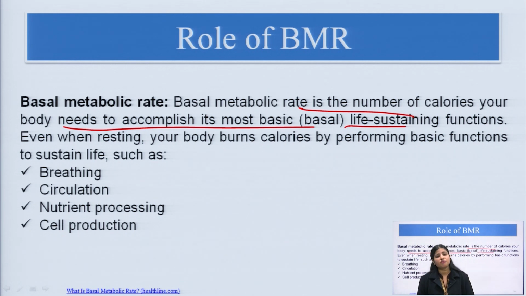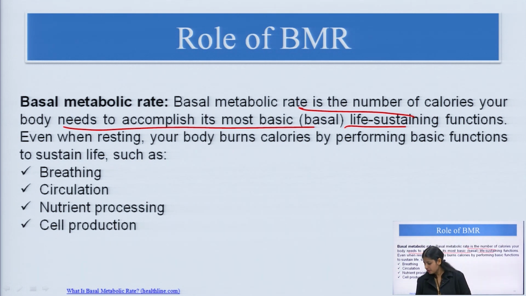We are in the resting position, not doing anything, but at that time the calories are required. Why? Because some functioning is going on in the body, like breathing, circulation, nutrient processing, and cell production. These common processes require some form of energy, and that is called the basal metabolic rate.